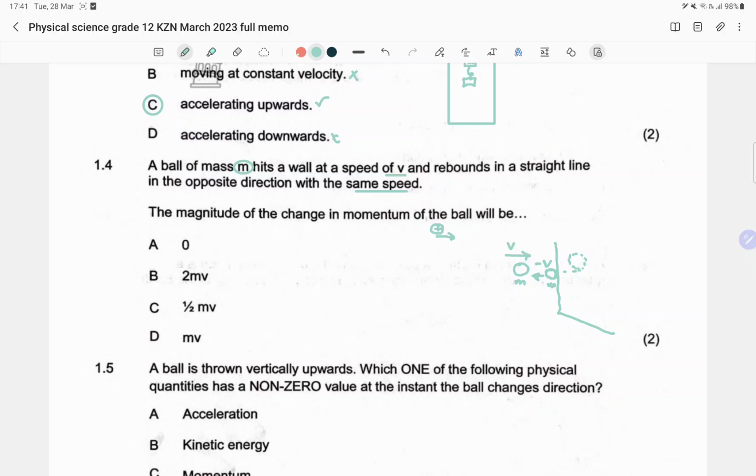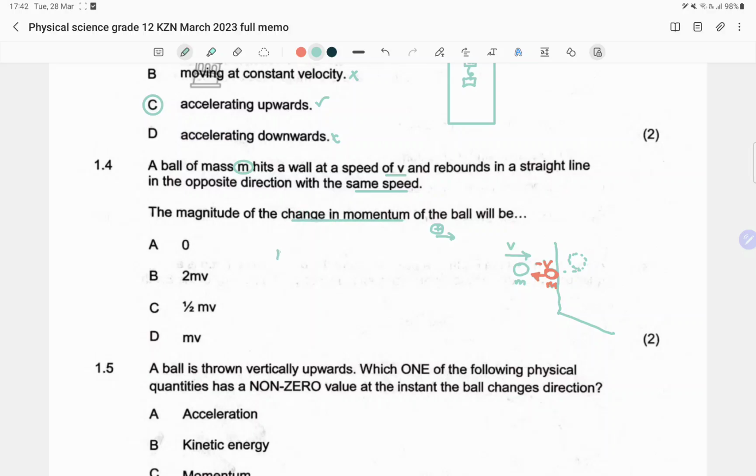Maybe let's use the luxury of colors. Okay, so that is the case. Now what can we do? We're asked here the magnitude of the change in momentum of the ball.